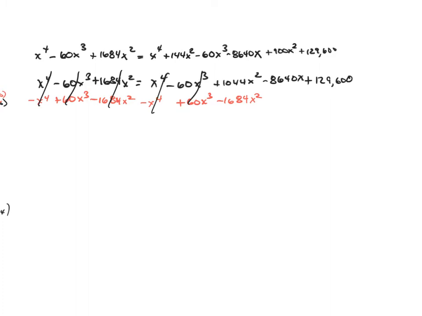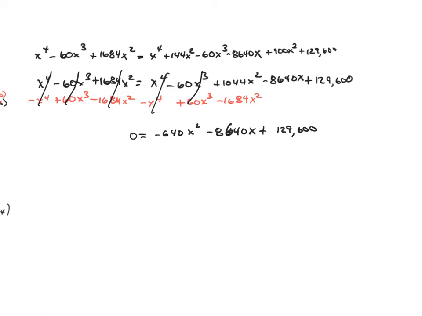So I have 1044 minus 1684, which is giving me a minus 640x squared. Then I have the minus 8640x, and then the plus 129,600.